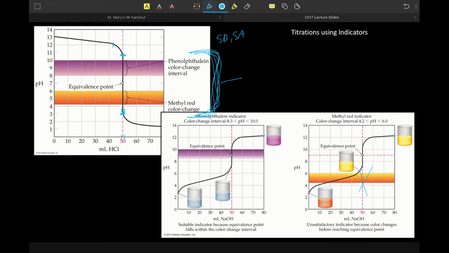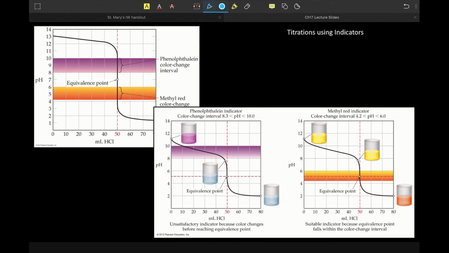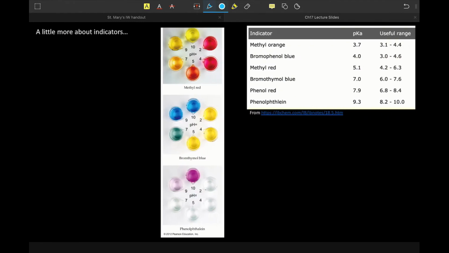And again, the endpoint is the place where the indicator changes color, which in the ideal scenario is also the equivalence point. Likewise, if we flip that around, both of these are good here, but if we were doing a weak base titration, only methyl red would work, and phenolphthalein would be insufficient.